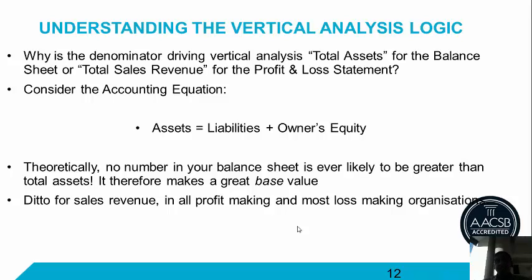Total assets is that single largest number in the balance sheet. Total sales revenue is the single largest number in the P&L. And that's why we use total assets for vertical analysis in the balance sheet and total sales revenue as the vertical analysis denominator for the income statement. I know I said that before, but I really want to emphasize that.